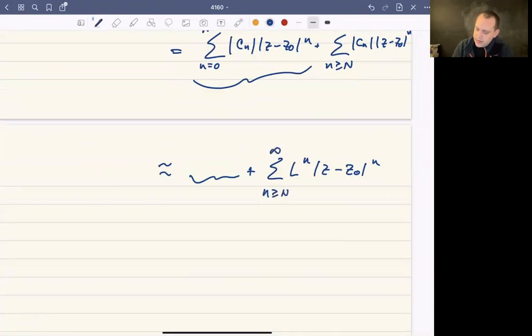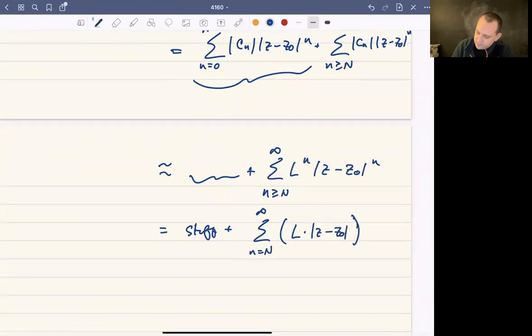And so now think about this series. This looks a lot like a geometric series. It's going to be some stuff plus, basically, L times the modulus of z minus z naught to the n.